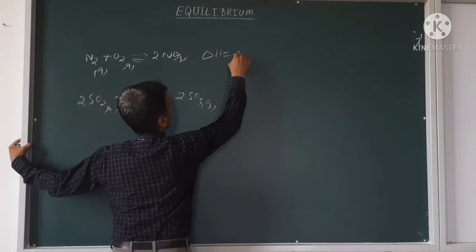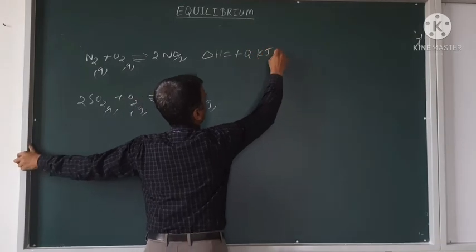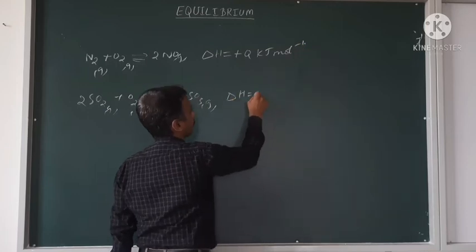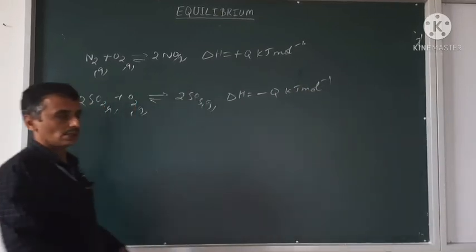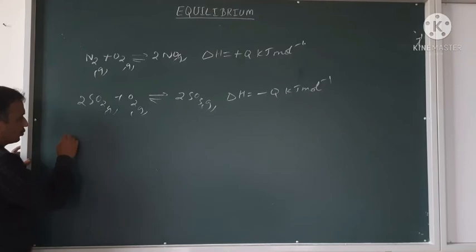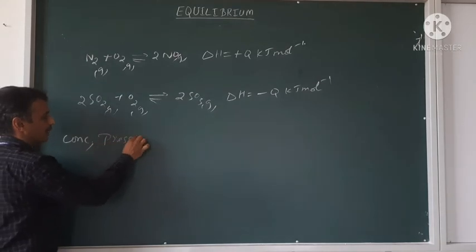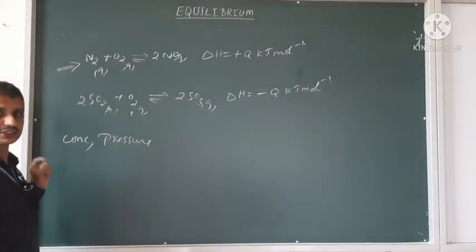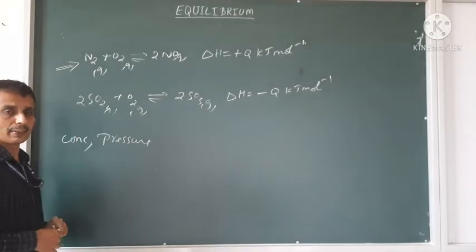Here delta H is positive, with positive Q kilojoules per mole. Here delta H is equal to negative Q kilojoules per mole. So, if concentration change or pressure change is applied, in the first one the pressure change will not do anything because delta N of the gas is 0. But here the pressure change also applies.